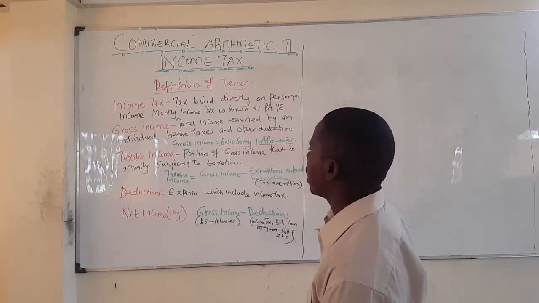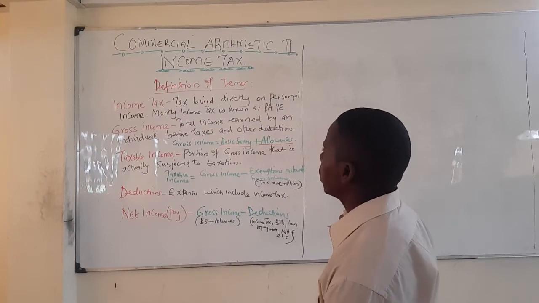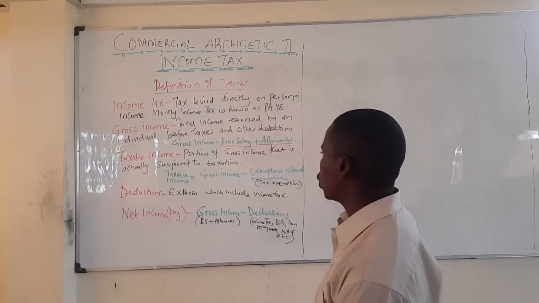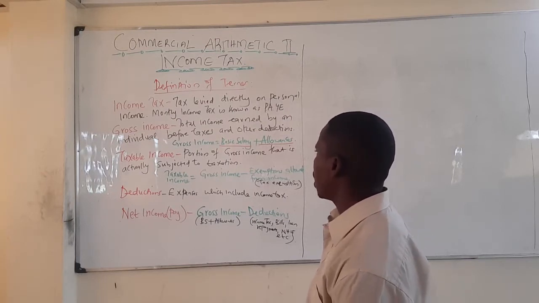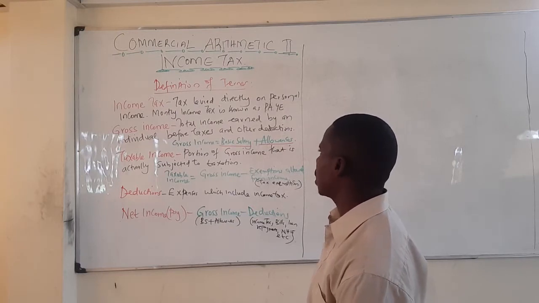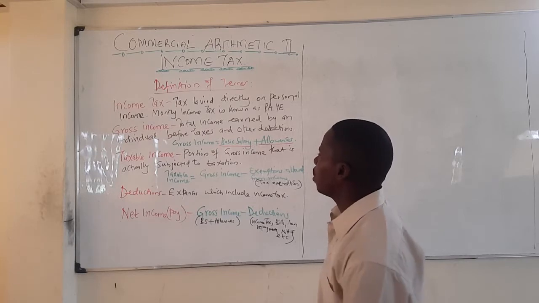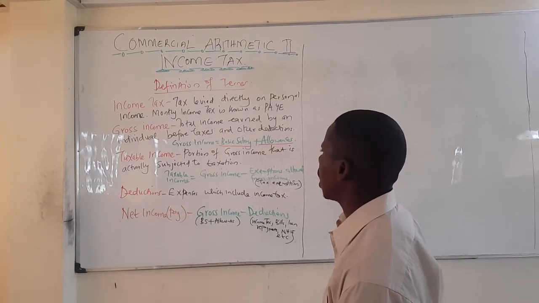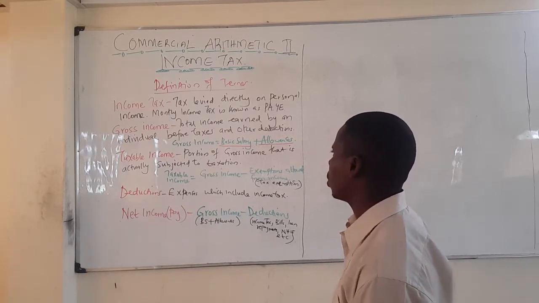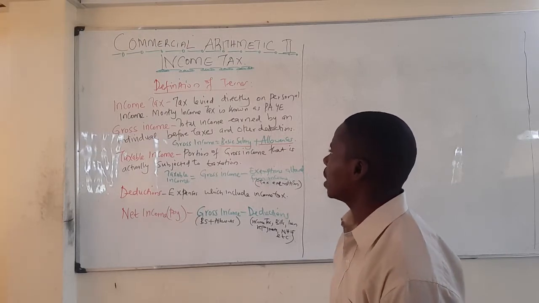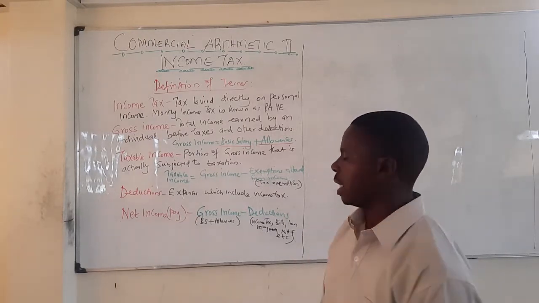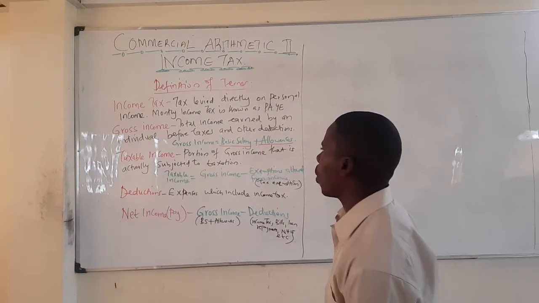Then we have the taxable income. So the taxable income, this is the portion of the gross income that is subjected to the taxation. So the portion of the gross income that is actually subjected to taxation is the one that we talk about, the taxable income.